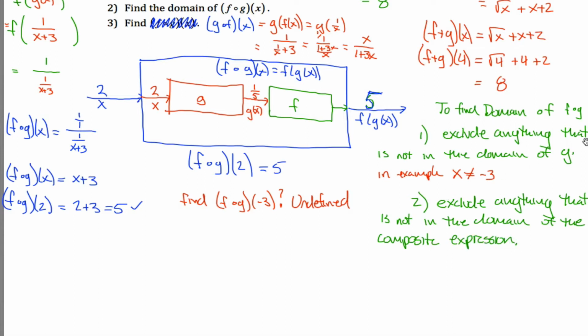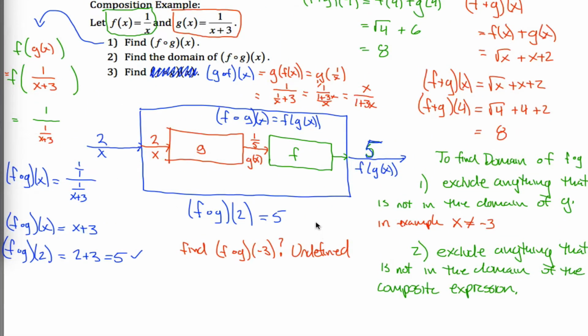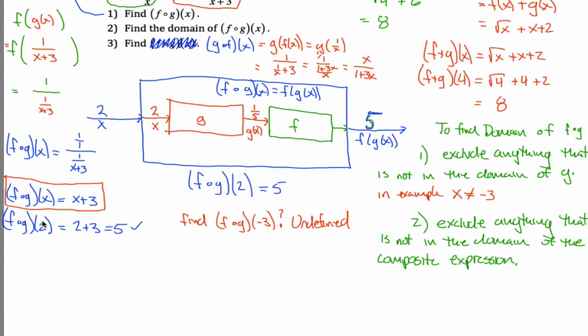So what I mean is if we were trying to figure out the domain of f of g, this machine pictured right here, what you would want to do first is answer question 1. Find f of g of x, which is what I did over here, and come up with a simplified form of the composite expression. The composite expression is f of g of x equals x plus 3.